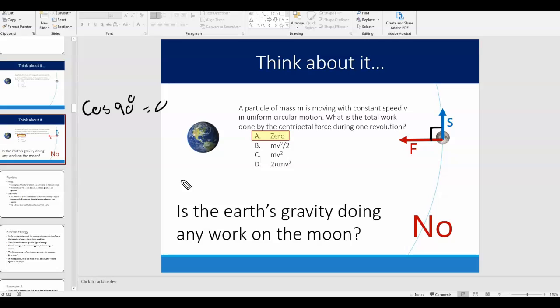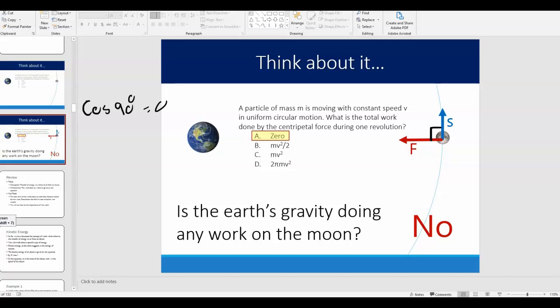Because if there was energy being added, it would be spinning faster, and if energy was being removed, it would be going slower. And so if it's in uniform circular motion, it's not going faster or slower, which means that the net work done on the object has to be 0. Okay, and so whether you think of it mathematically or conceptually, you still get the same answer. Okay, and so hopefully that answers the question that many people had about that worksheet question.